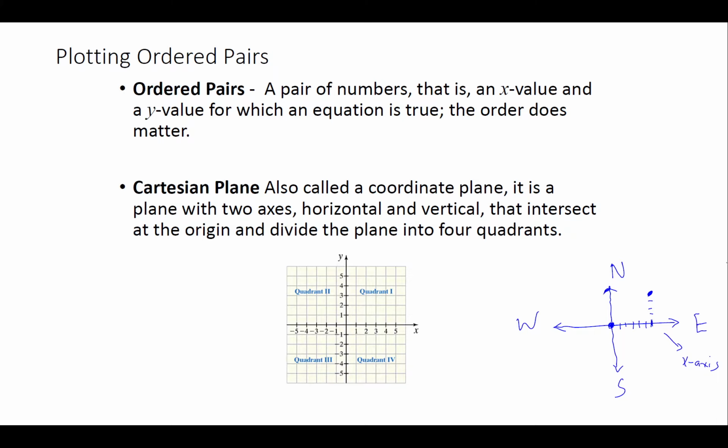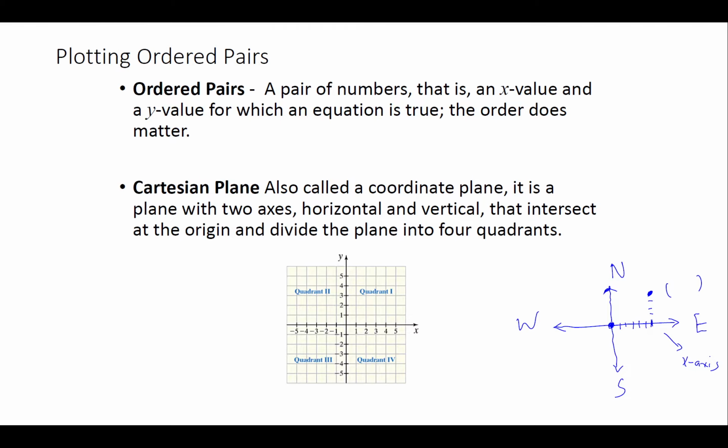That means you can represent this point by using two values: the x value and the y value. How many units you travel on the horizontal line, and how many units you travel on the vertical line.